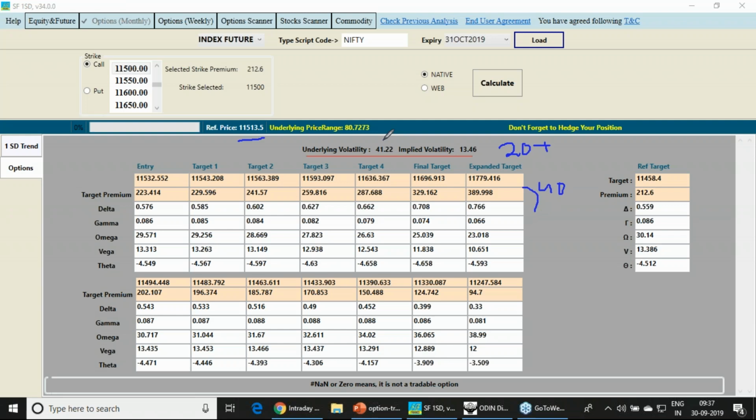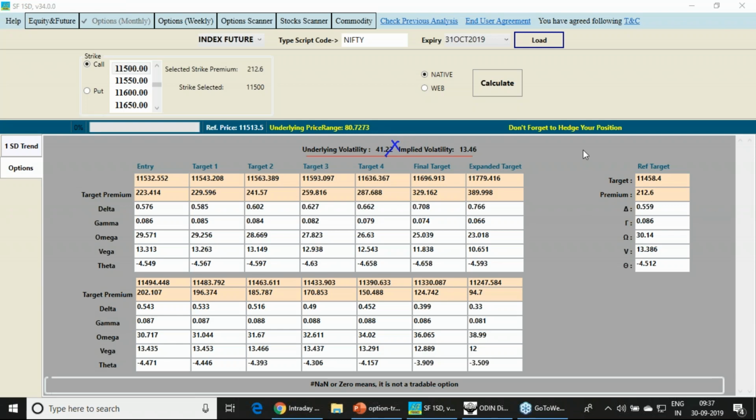So here you are getting two contrasting things. Options are in the medium volatility band, and the underlying asset is in the high volatility band, 41%, and that too for an index. That is phenomenally high because of the 2 days of great price action in the index. But that is not going to impact our analysis because this particular tool doesn't consider this volatility at all. It takes intraday volatility only.